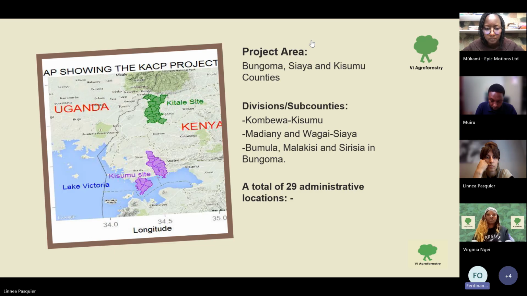But it is important to note that on the Bungoma side, because the Livelihoods project is also in Bungoma, we created some buffer between where KACP ends and where Livelihoods begin. So we have a very clear buffer, so that we don't have any overlaps or crossover. Yes, KACP is in Bungoma, it's in Siaya, and it's also in Kisumu. Next slide.